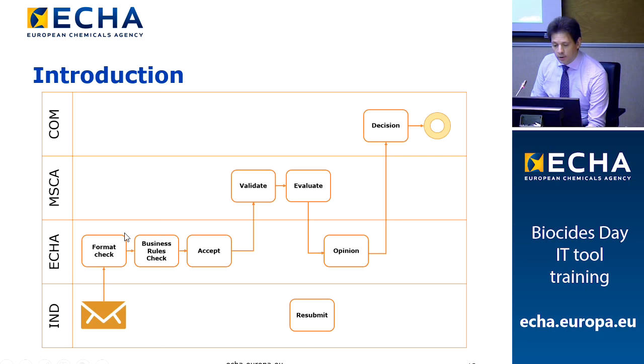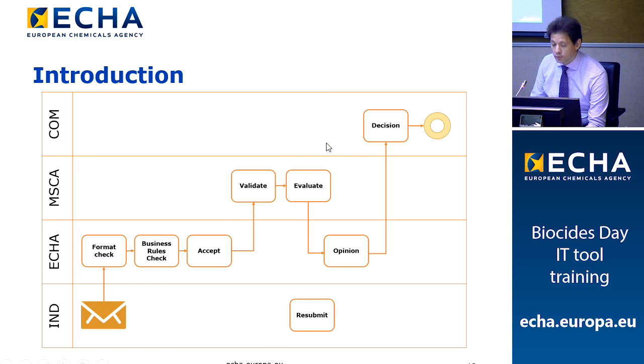Then there are a number of checks which are performed by ECA that we will not force you to go through. There are some other colleagues of ours that will help us performing the processing of the tasks for the application.